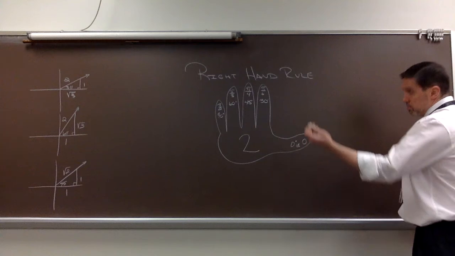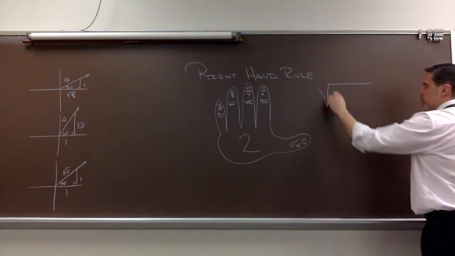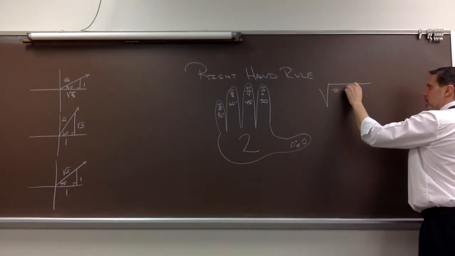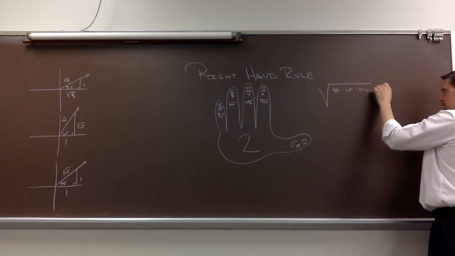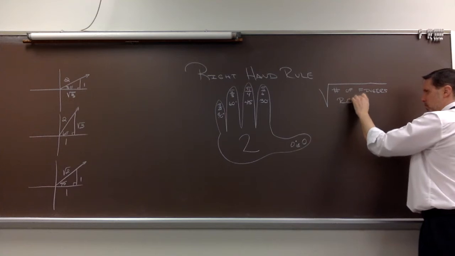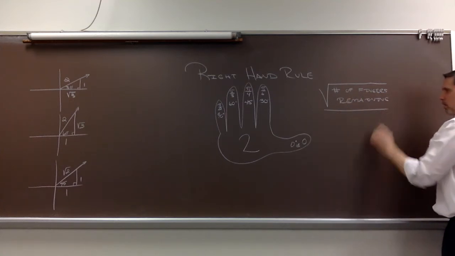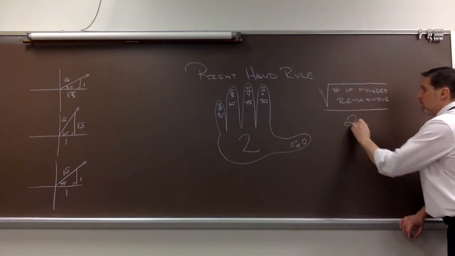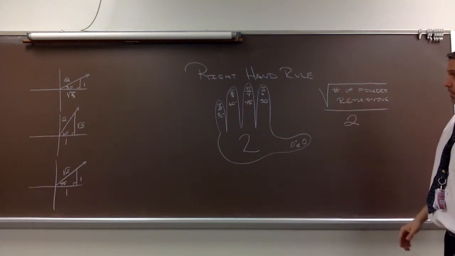So here's actually the formula. It's going to be the square root of the number of fingers remaining, and you always divide it by that number 2 in your hand. Number of fingers remaining divided by 2, that's the formula that you're going to use.